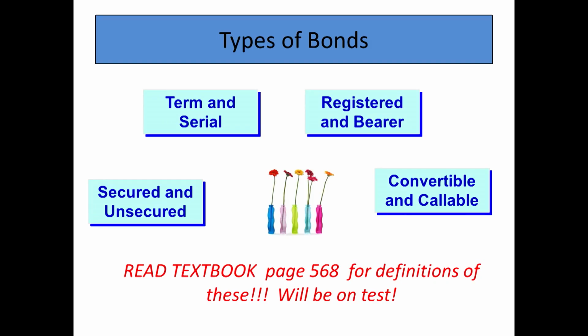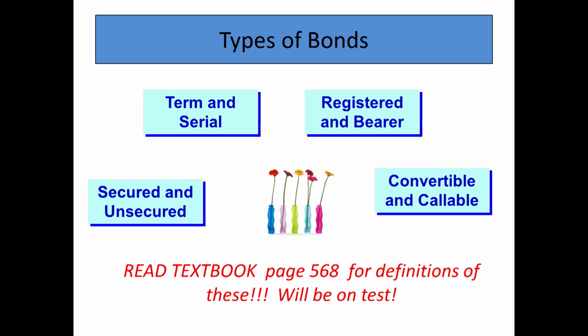Okay, going over the computer real quick, I wanted you to read on page 568 about the definitions of these bonds. Is that correct? This wasn't real difficult. And then I wanted you to do quick study 14.8.